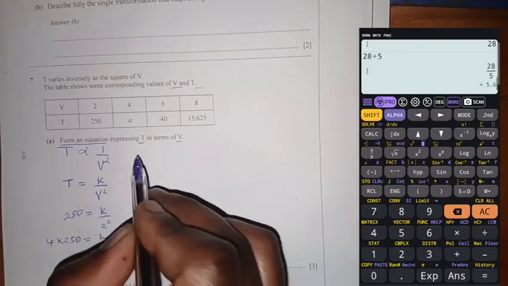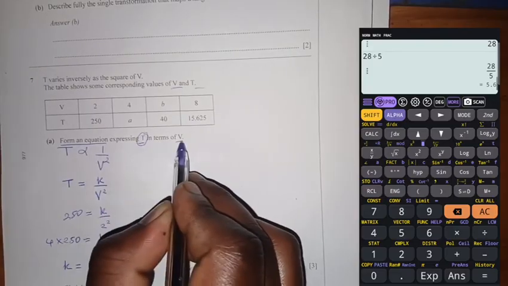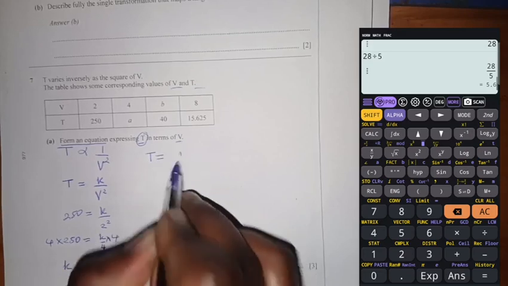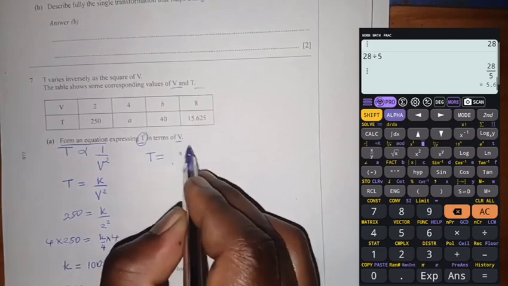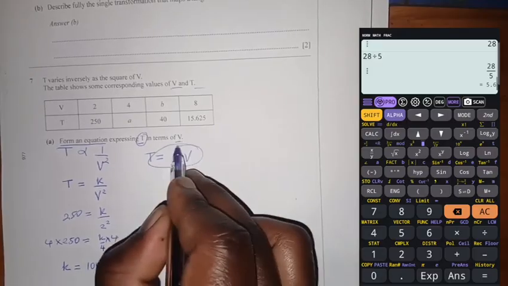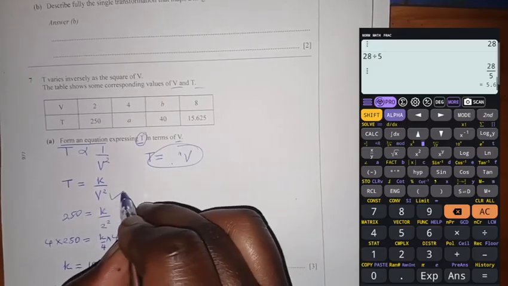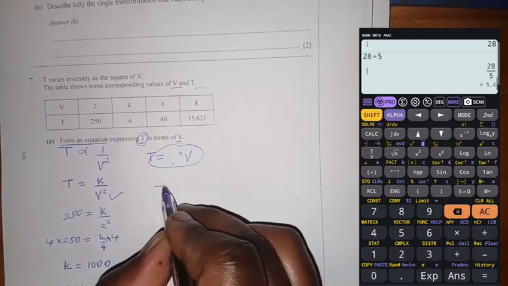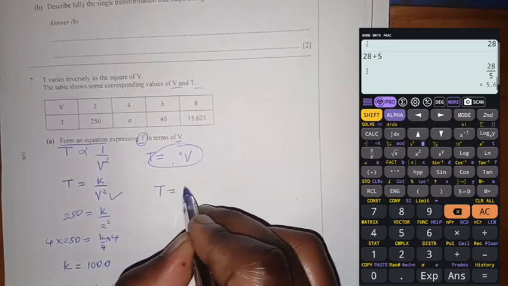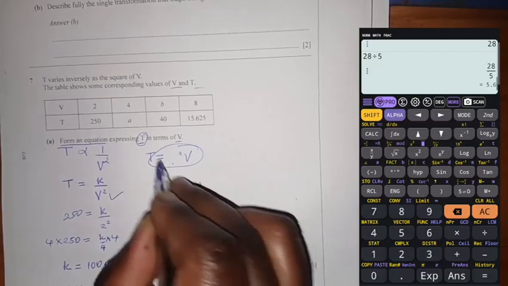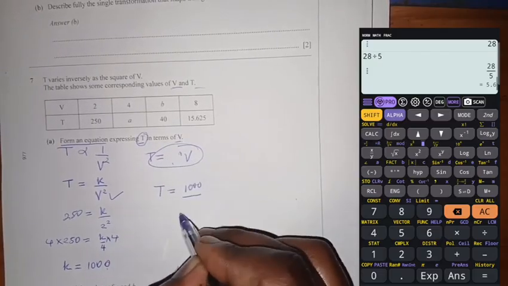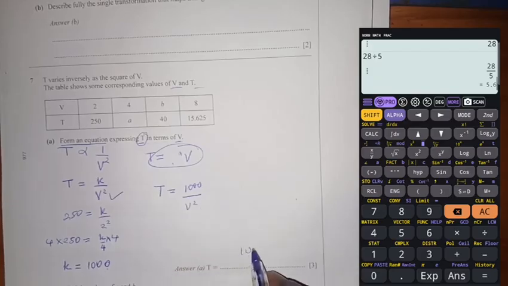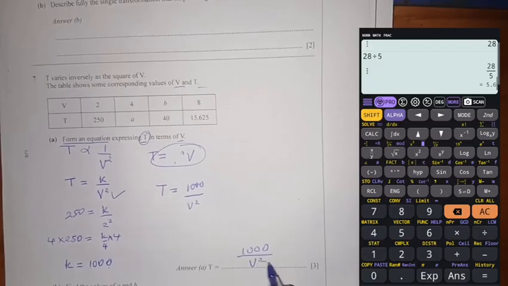Form an equation expressing T in terms of V. So it should be something saying T is equal to something with V. Now that we know the K value, T is equal to 1000 over V squared. So that's the equation, 1000 over V squared.